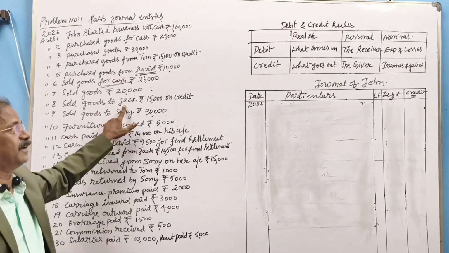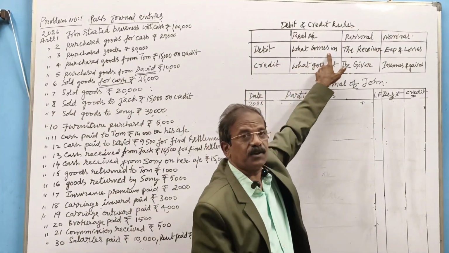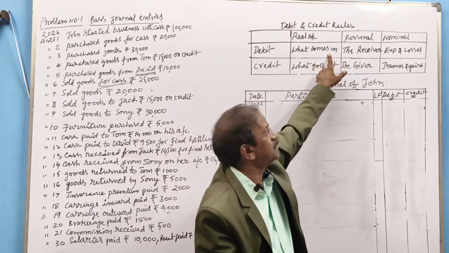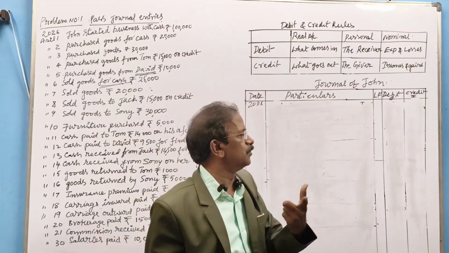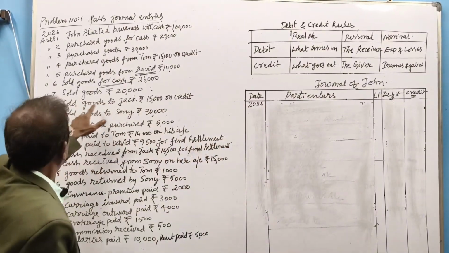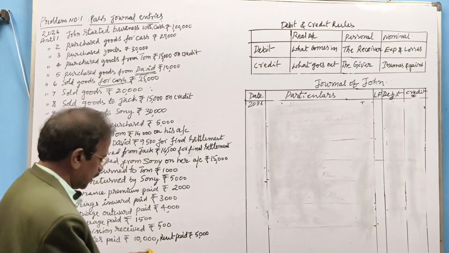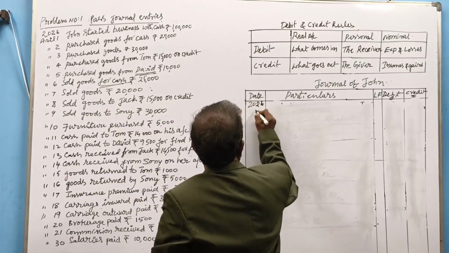He is the receiver. So what comes in for this question? The answer is nothing. When the answer is nothing, you have to shift to the right. Who is the receiver of our goods? Jack is the receiver of our goods. So you must write Jack's account.